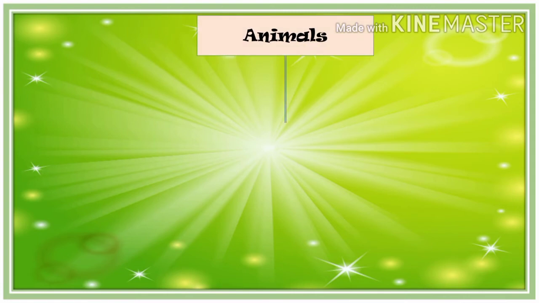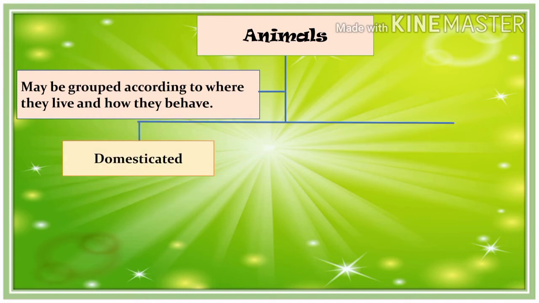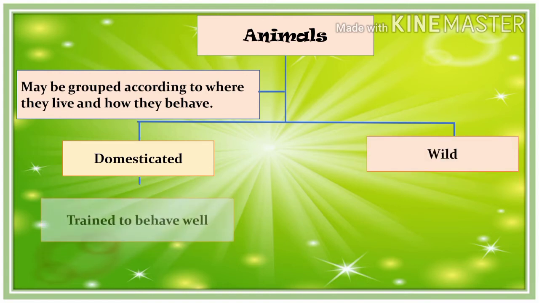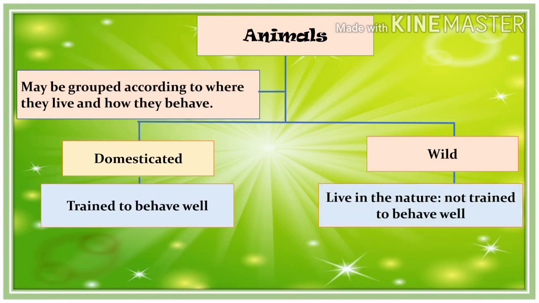Sum up. Animals may be grouped according to where they live and how they behave. First, domesticated animals, and second, the wild animals. Domesticated animals are trained to behave well, while wild animals live in nature and are not trained to behave well.